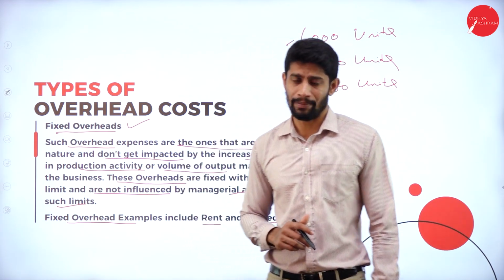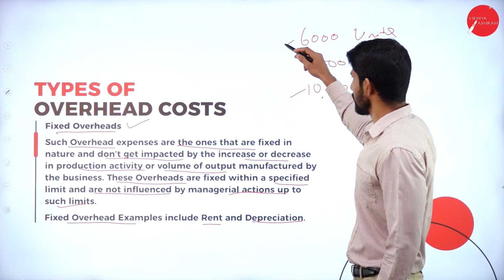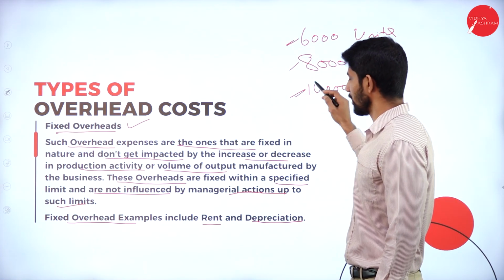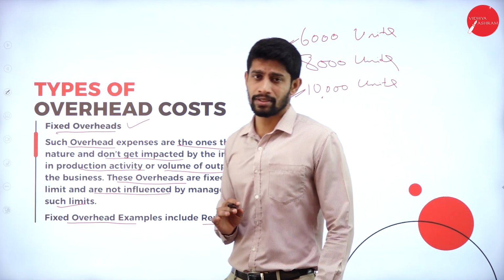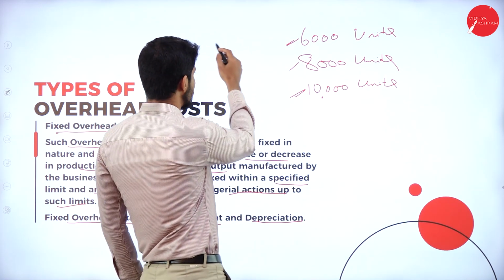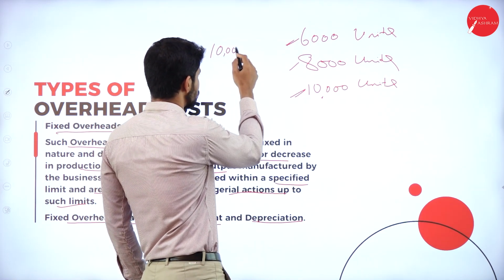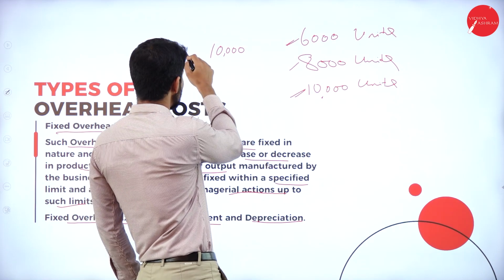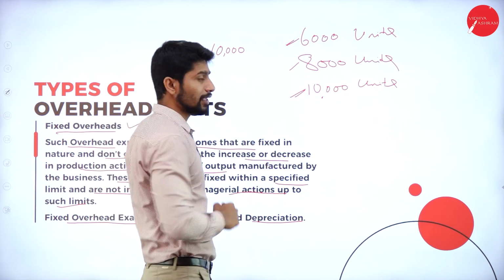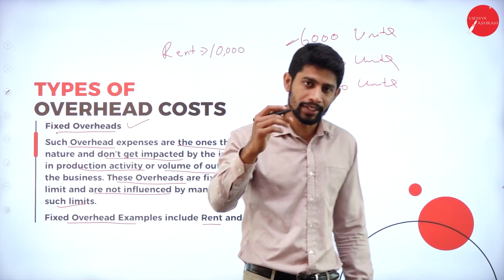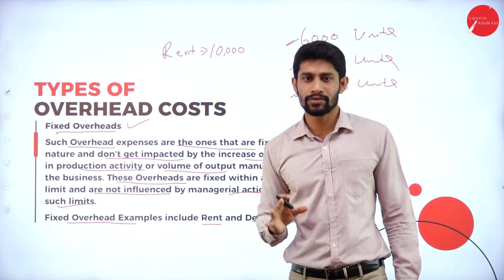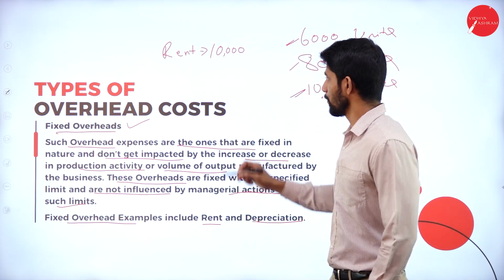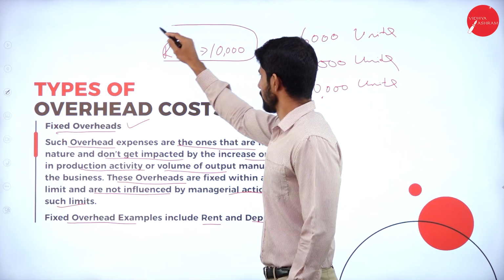So rent, for example. See, whether you are producing 6,000 units, 8,000 units or 10,000 units of products, for example, if the rent is fixed at 10,000 rupees, you are supposed to pay the rent of 10,000.